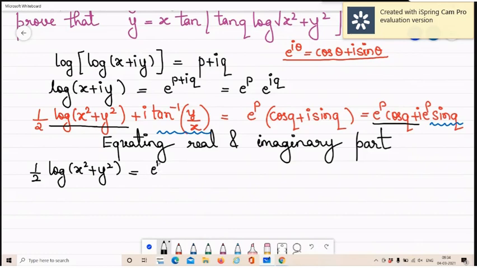That is e raised to p cos q. And similarly, I am equating the imaginary part. That is tan inverse of y by x, it is e raised to p into sin q. Can you see we have reached somewhere closer? Yes, ma'am.